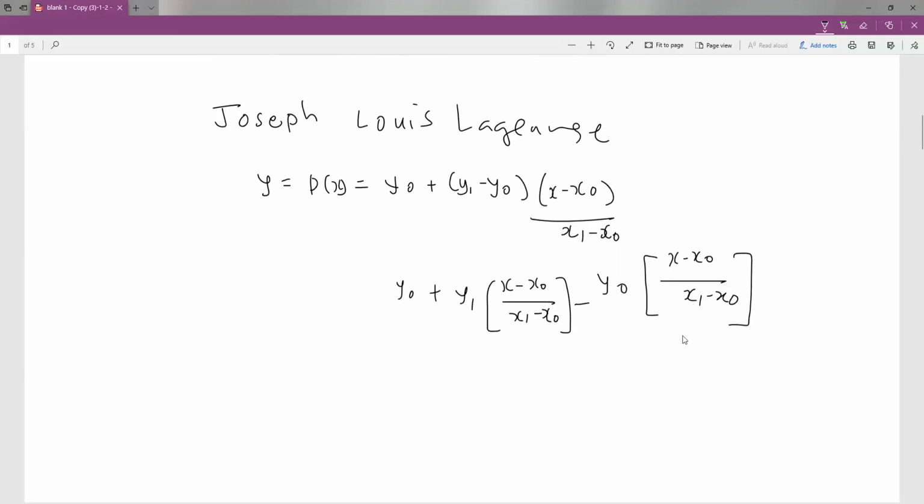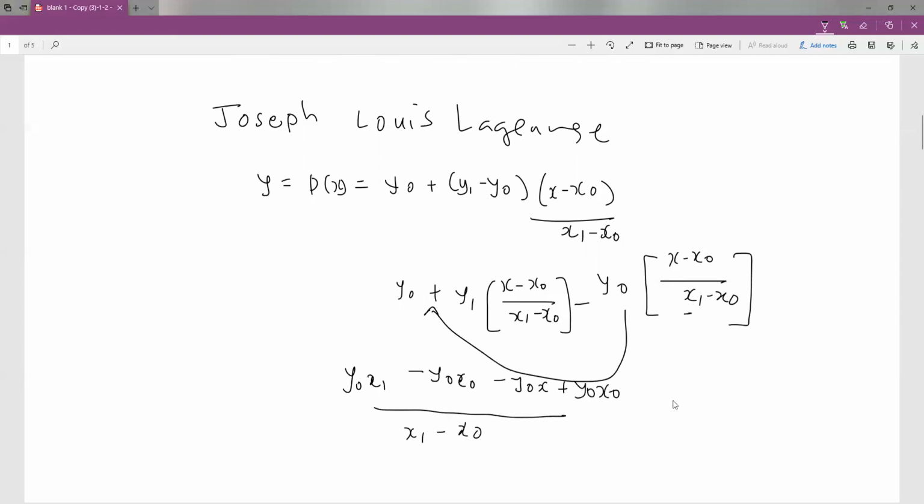So we will bring these y0 terms to this side, and also multiplying out, we will get y0 x1 minus y0 x0 minus y0 x plus y0 x0, divided by (x1 minus x0), and of course this side remains as it is, that is y1 times (x minus x0) over (x1 minus x0).